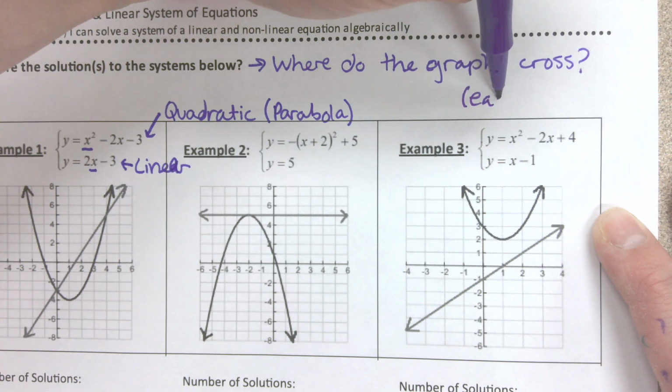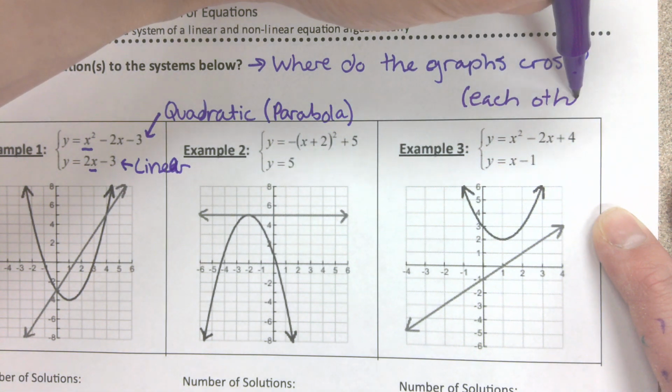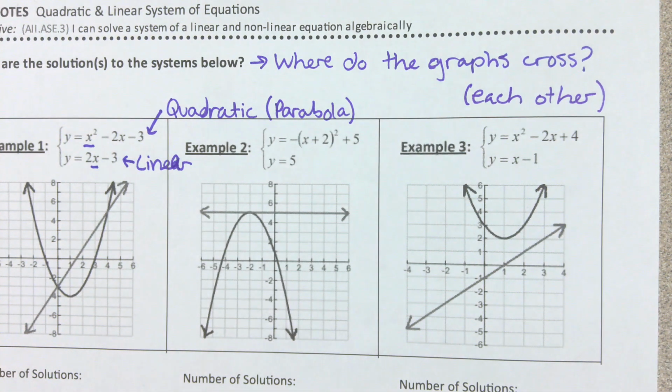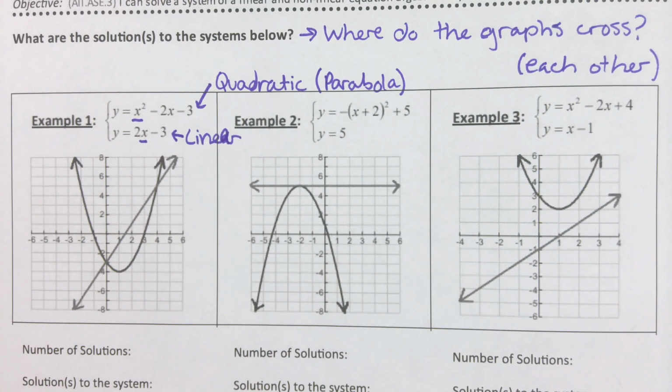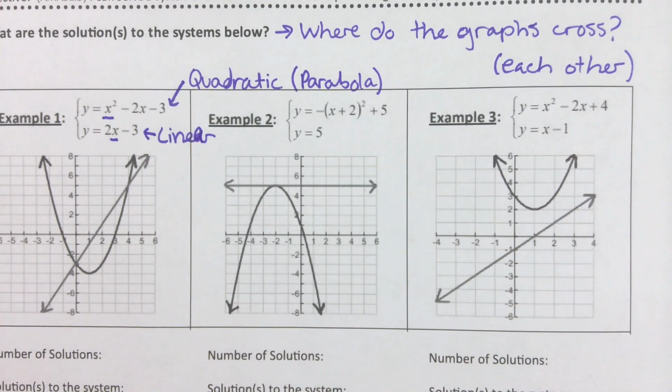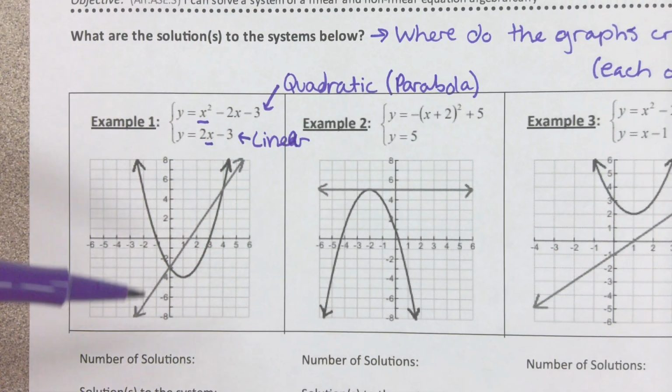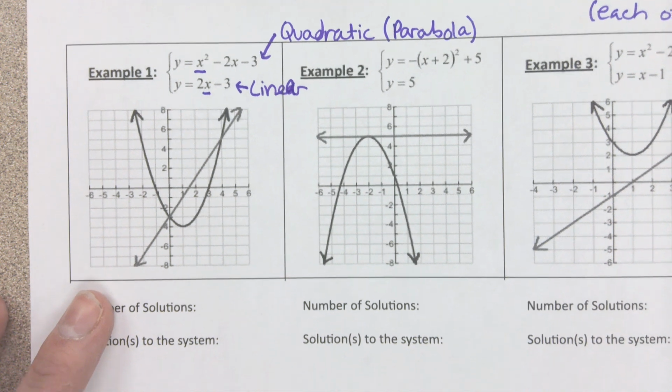And more specifically, cross each other. Looking at this first example here, how many times do they cross?